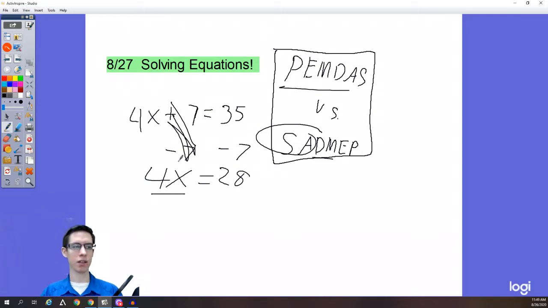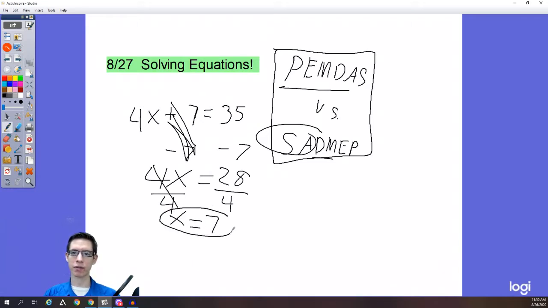This next thing is 4 multiplied by an x. So once again, we're going to do the opposite process of multiplication, and in this case that's division. So we're going to divide that by 4, and then we're also going to divide the right side by 4. 28 divided by 4 is a nice clean 7.